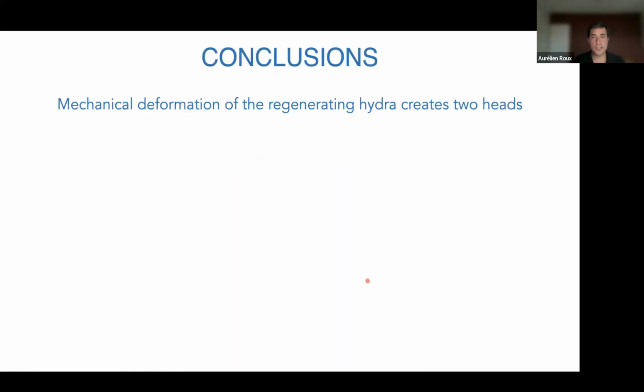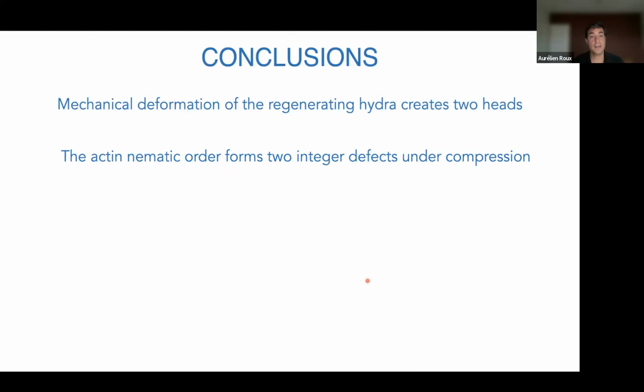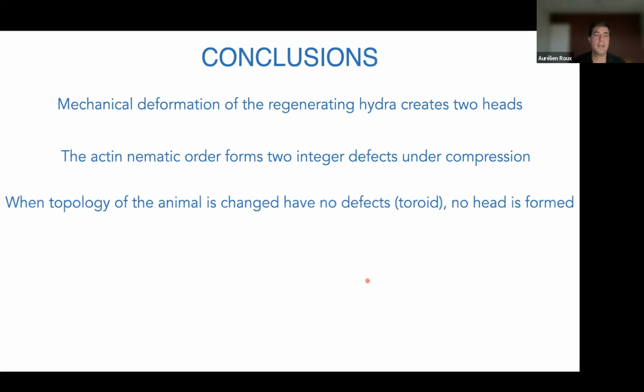Okay, and my conclusion, and I'm going to stop here. Mechanical deformation of the regenerating hydra can create two heads. The actin nematic order forms two integer defects under compression, and we think that these defects are responsible for forming the two heads. And when you change the topology of the animal to a toroid so that it has no defect, no head is formed.